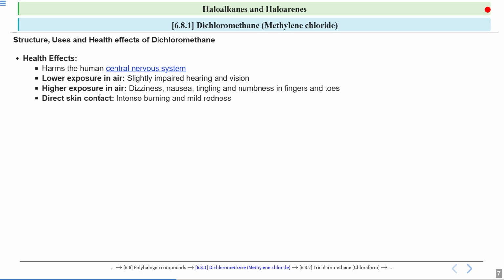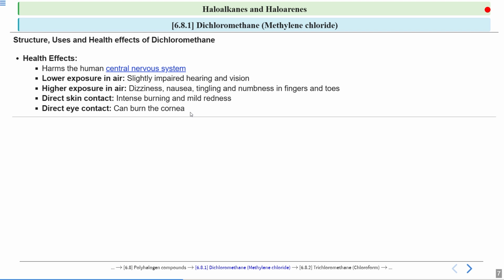Direct skin contact. Now, if dichloromethane comes in direct skin contact, it can cause intense burning and mild redness over your skin. So this is very harmful, and if it comes in direct eye contact, it can even burn the cornea.